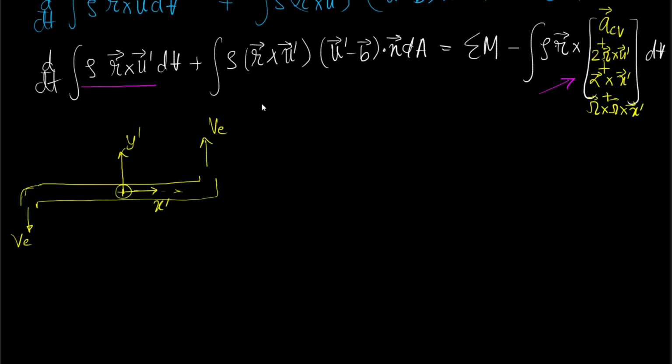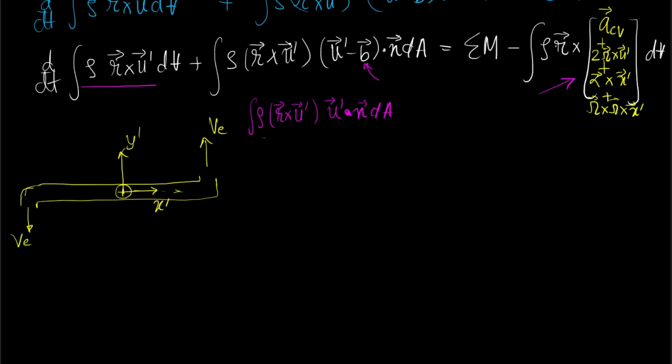The second term is essentially integral rho r cross u, u dot n dA. Here b, that is the velocity of the control volume in the rotating frame of reference, is also 0. So b is going to be 0, right?